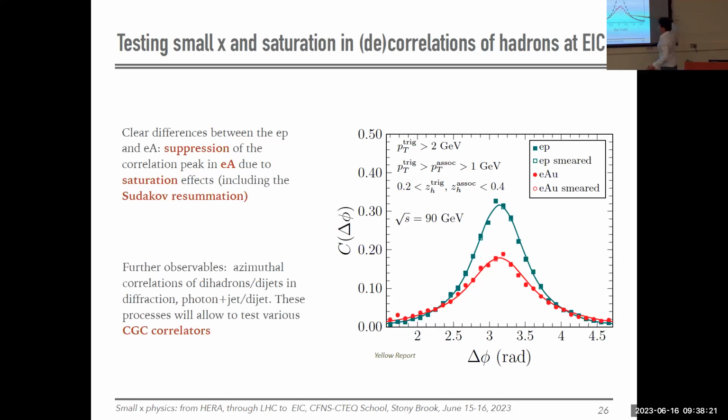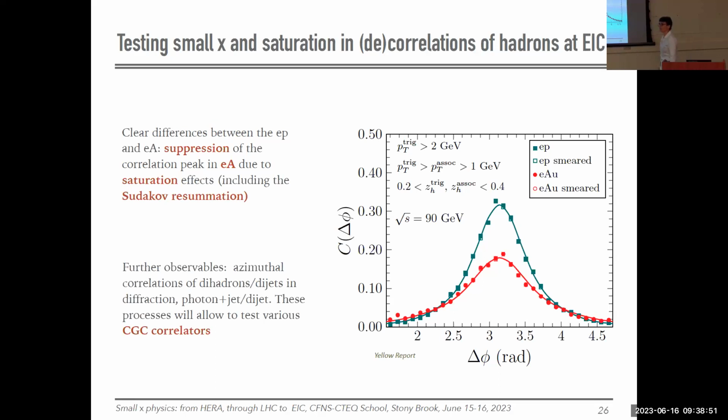The suppression and the width of this distribution is going to reflect the parton dynamics and in particular the saturation scale. So this principle can be applied to dihadrons, dijets, but also in diffraction and in photon plus jets or dijets. There is a plethora of processes where this principle can be applied at the EIC.